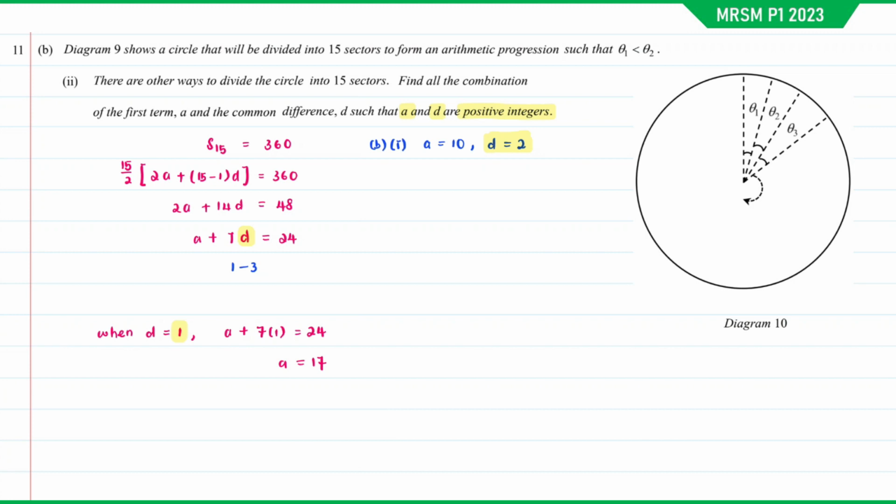In this case, a and d are positive integers. Then when d is equal to 3, a plus 7 times 3 is equal to 24, so a is equal to 24 minus 21, which is 3. Here d and a are positive integers. So these two pairs of d and a will be the combinations.